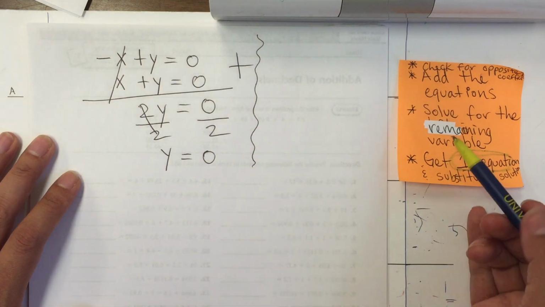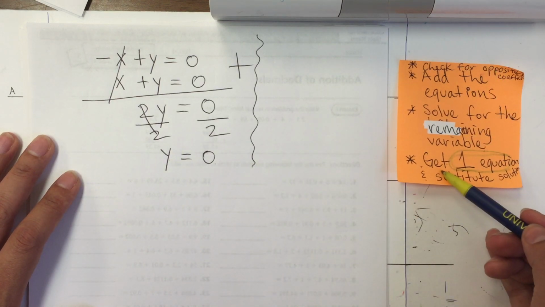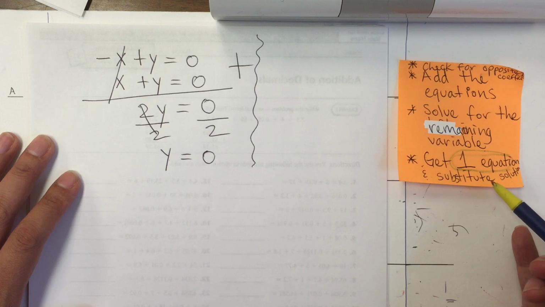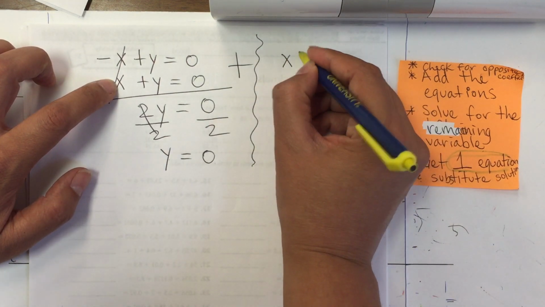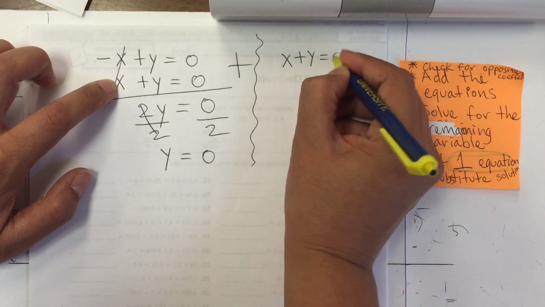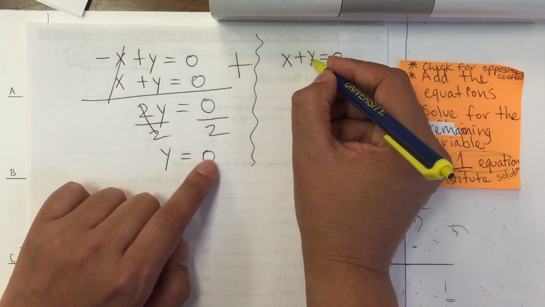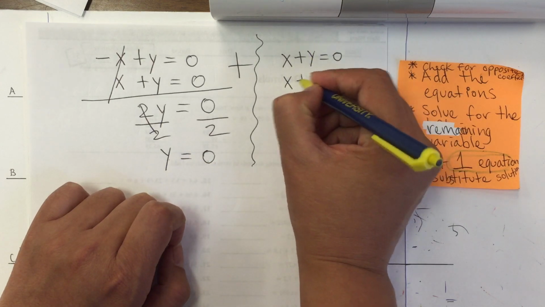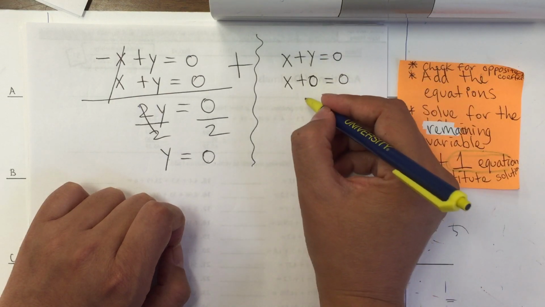The next step, I already solved for the remaining variable, and I get one of the equations. In this case, I'm going to work with the second one. Again, it doesn't matter which one you choose because you will get the same answer. I substitute the y, its value is 0. Notice how I take away the y and put the 0 in its place.